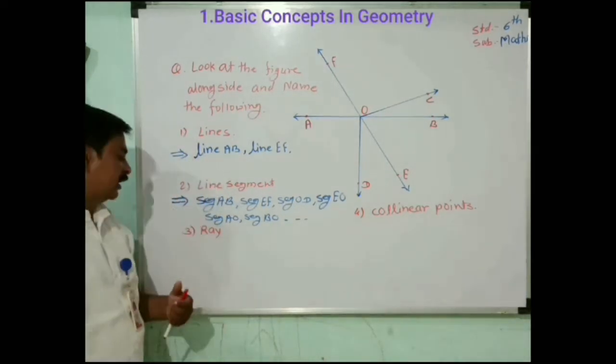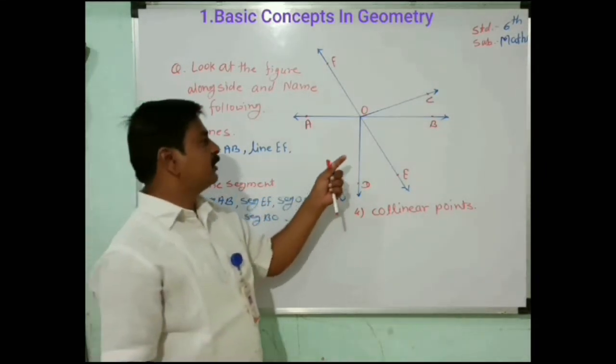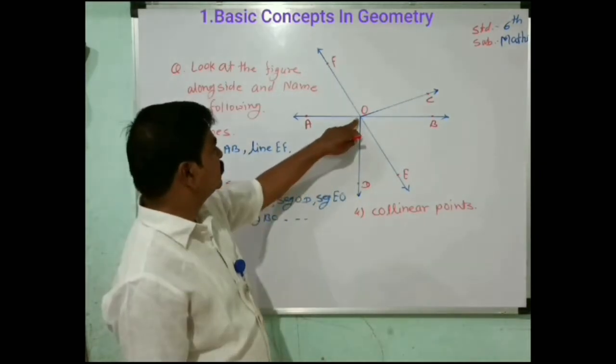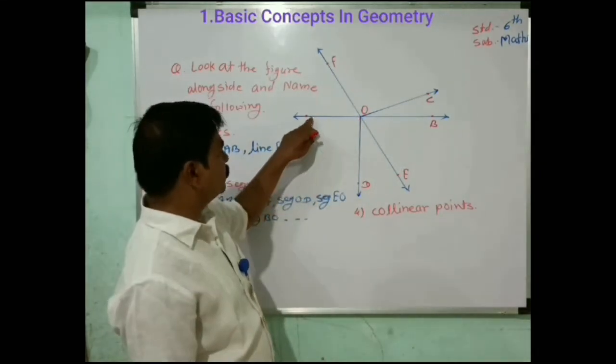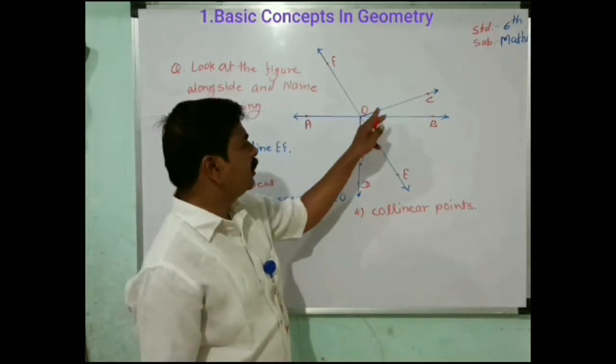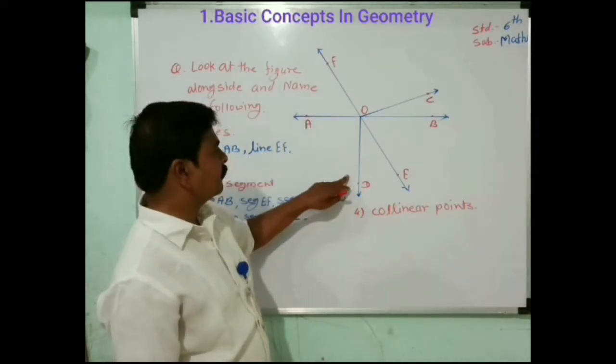Then names of rays. If we take this origin, we get ray OA, ray OF, ray OC, ray OB, ray OE, ray OD.